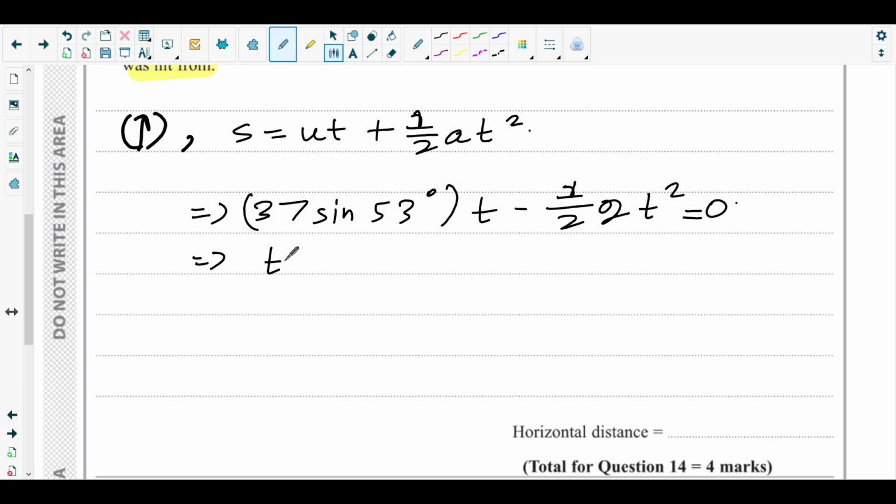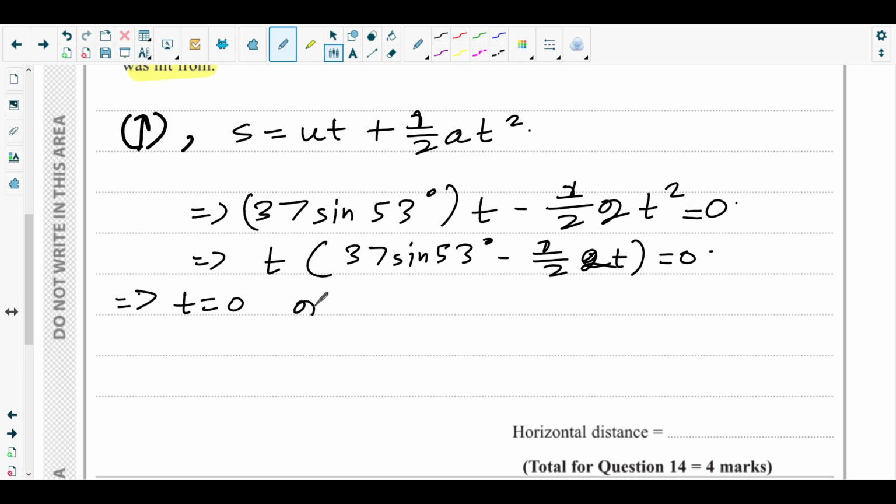We take t common, and we get t times (37 sine 53 degree minus half g t) equals 0. So either t equals 0, or t equals 2 times 37 sine 53 degree over g.